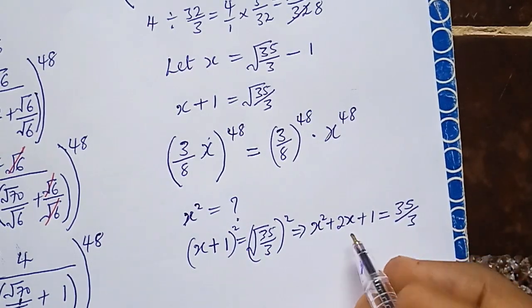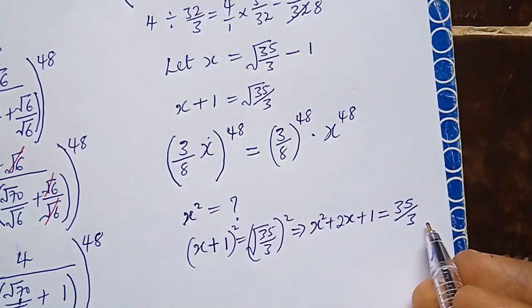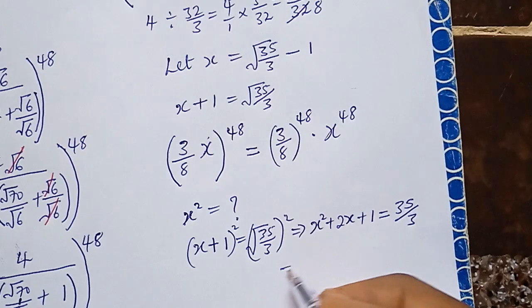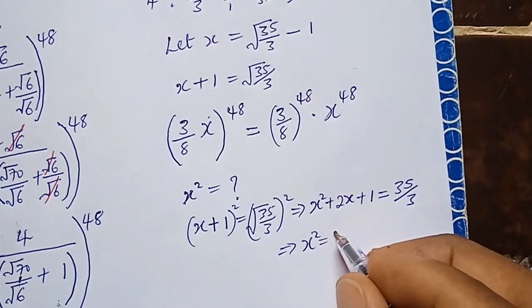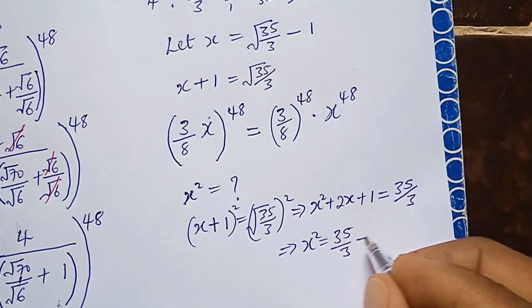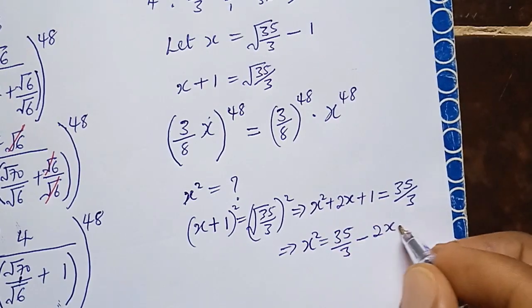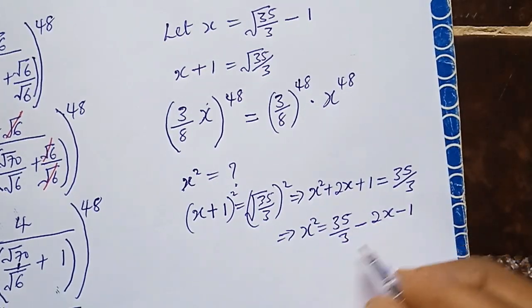So from here we can move 2x plus 1 to the right hand side, so that implies that x squared equals 35/3 minus 2x minus 1. We can now simplify this.